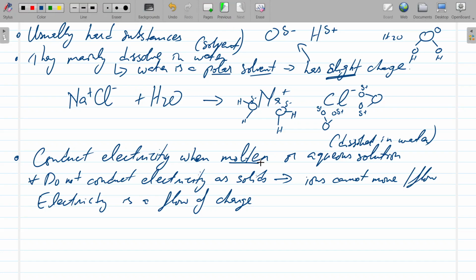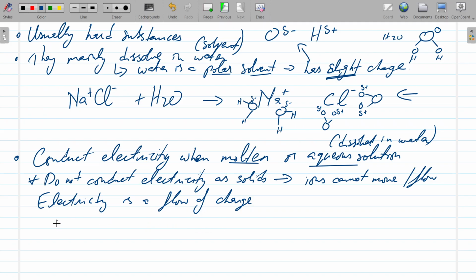But when they're molten, that means they're liquid, and recalling the states of matter and the kinetic particle theory. When they're molten or in solution, we just talked about what happens when they're in water, the ions get separated.